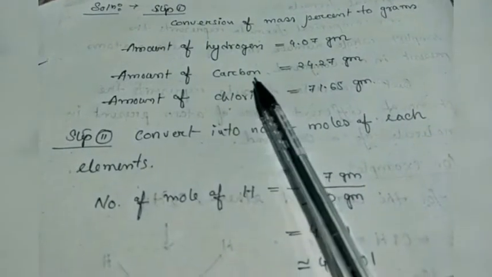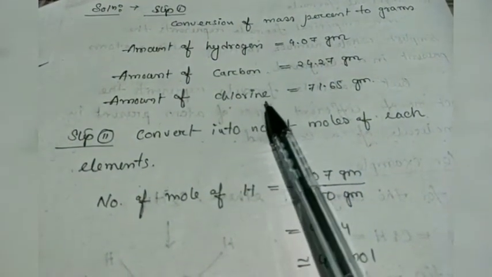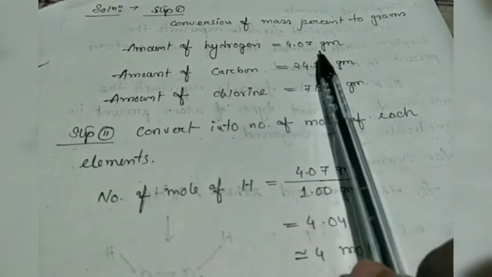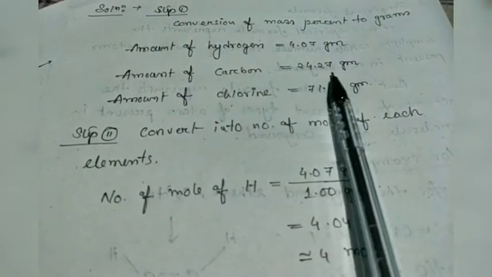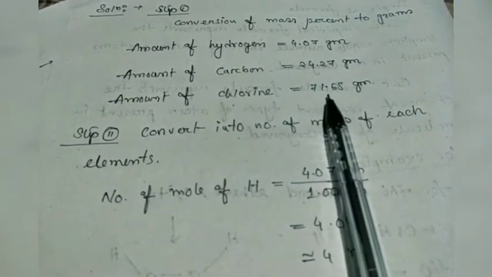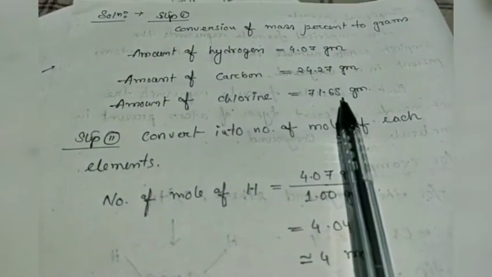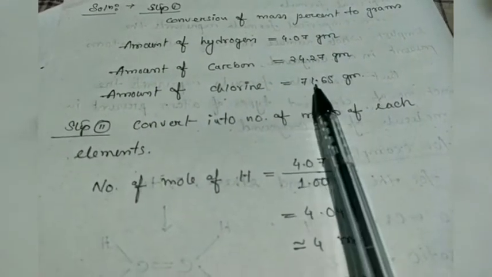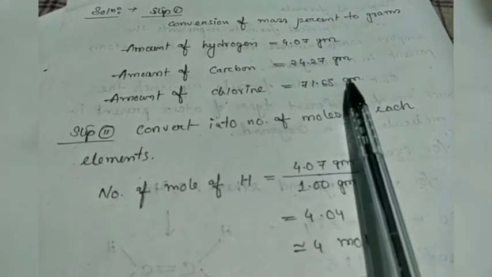Step 1: the percentage composition of the elements in the compound is 4.07%, 24.27%, and 71.65%, and this percentage composition is to be converted into grams.